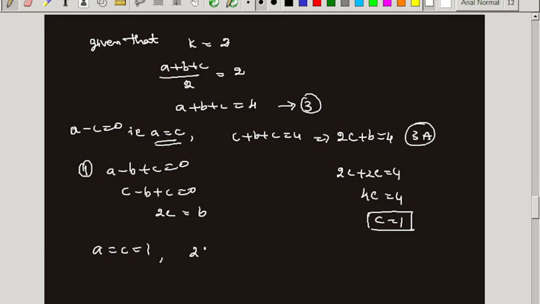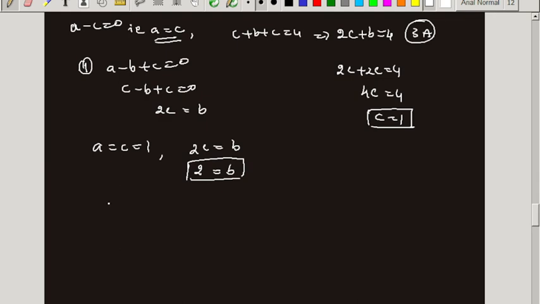Here 2c equal to b, c is 1, so b equal to 2. So we have the values: a is 1, b equal to 2, c equal to 1 is the answer.